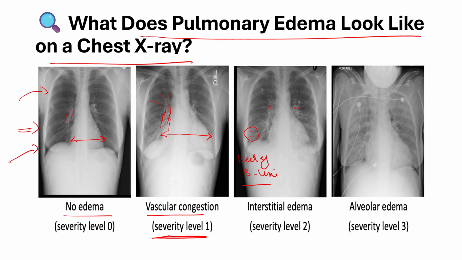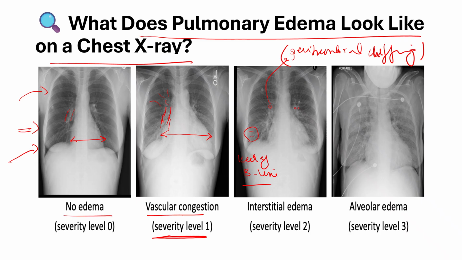That is called peribronchial cuffing. Peribronchial cuffing is present in bronchitis, bronchiolitis, or in patients with pulmonary edema.